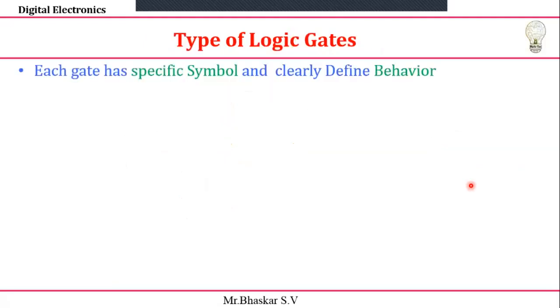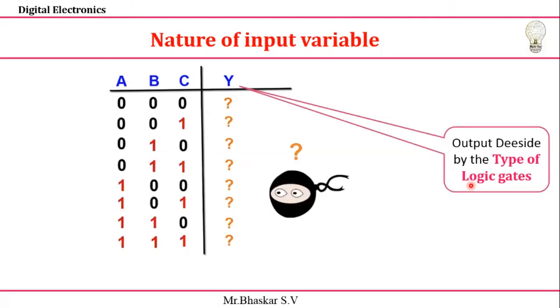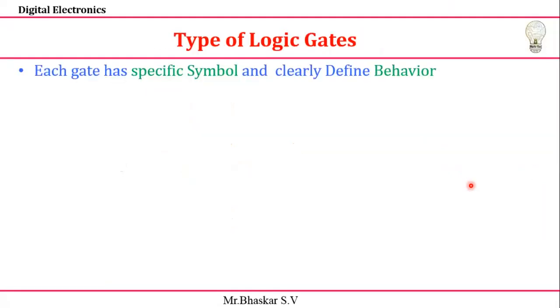Let's see on that. Until now we discussed the input variables and the nature of input variables. Now, the next concept is what a logic gate is and what the different types of logic gates are. Logic gates, as you already know, are decision making elements, and each gate has a specific symbol and clearly defined behavior.